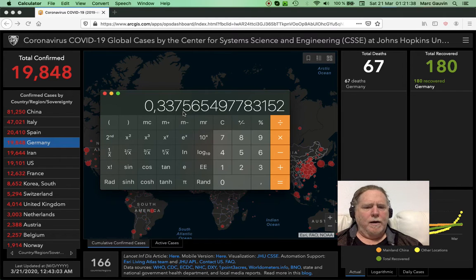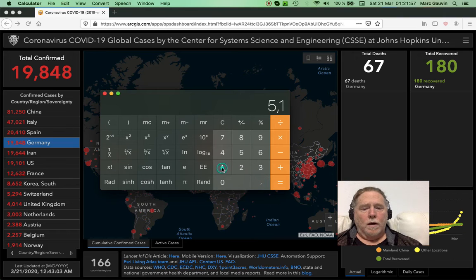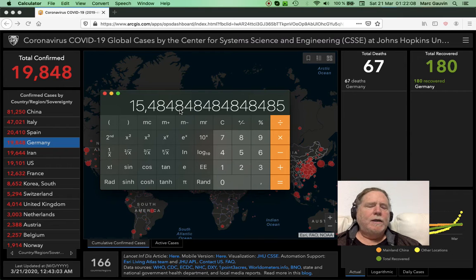So if we want to know how many times the difference in the mortality rate between Spain and Germany, we're basically going to take 5.11 divided by 0.33, and it's going to give us 15.48, which means that there is a 15 times higher death rate for the same amount of total confirmed cases in Spain than in Germany.